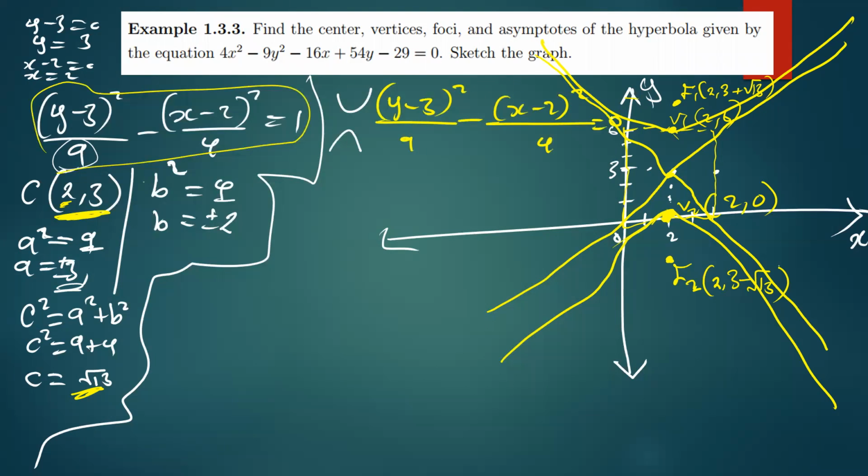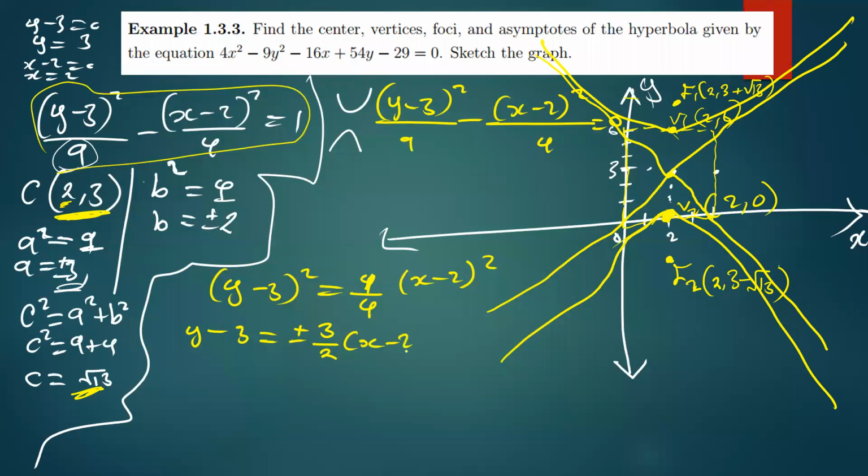At the end of this slide, there's an exercise which you'll be required to do. After doing the cross multiplication there, you are going to have (y minus 3) squared being equal to 9 over 4 times (x minus 2) squared. When you square root both sides, you have y minus 3 being equal to plus or minus 3 over 2 times (x minus 2).